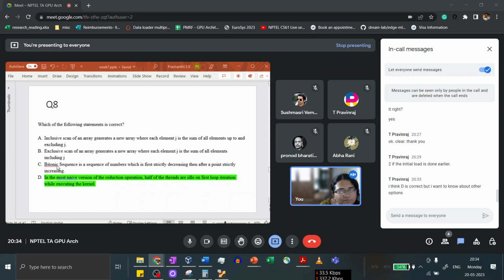But I think that C should also be considered. According to the definition given in class, bitonic sequence is a sequence that first strictly increases and then strictly decreases, right?